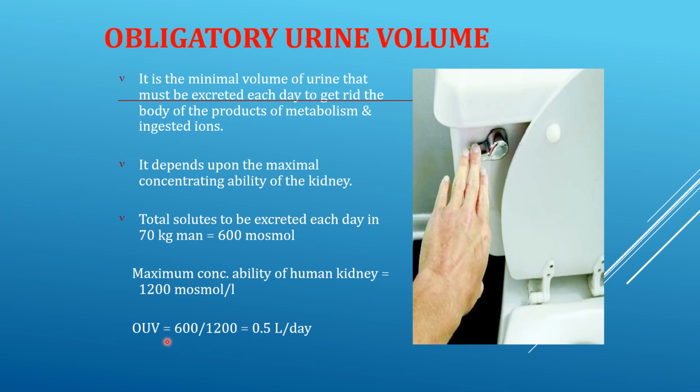So the obligatory urine volume will be 600 divided by 1200, that is, 0.5 liters per day.